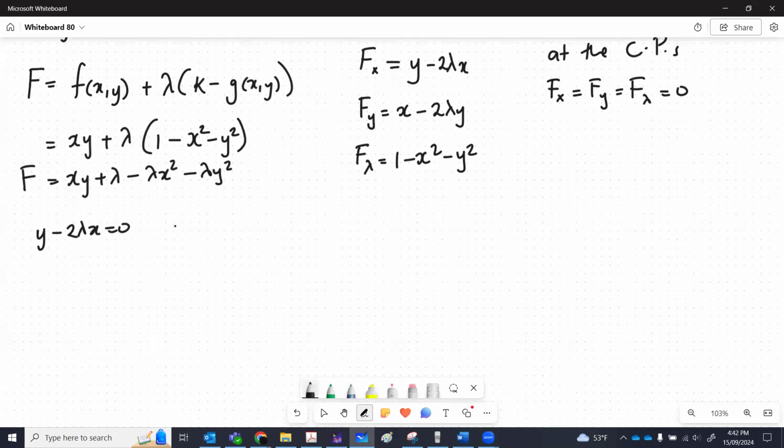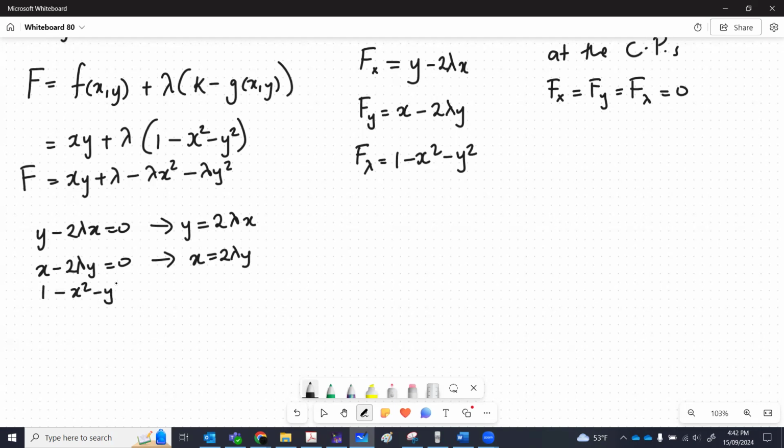So from here we can see that y is equal to 2 lambda x. From the second one, x minus 2 lambda y is equal to 0. So this means that x is equal to 2 lambda y. And 1 minus x squared minus y squared is equal to 0. This means that x squared plus y squared is equal to 1.